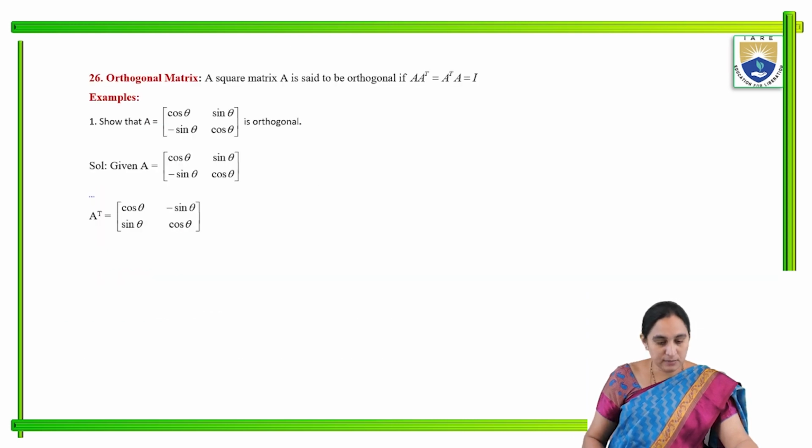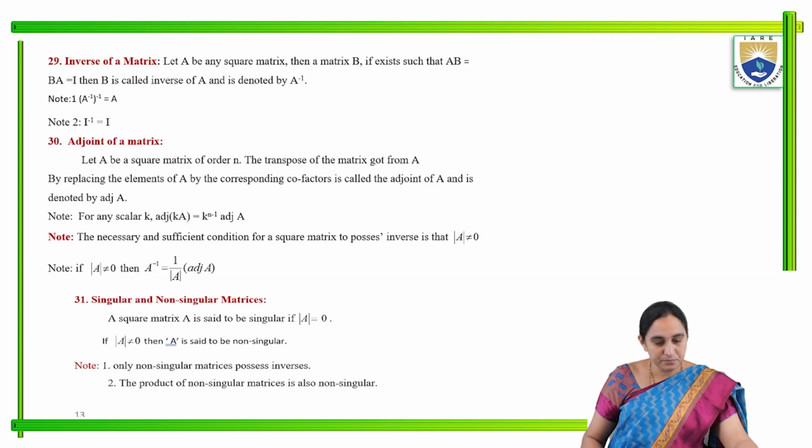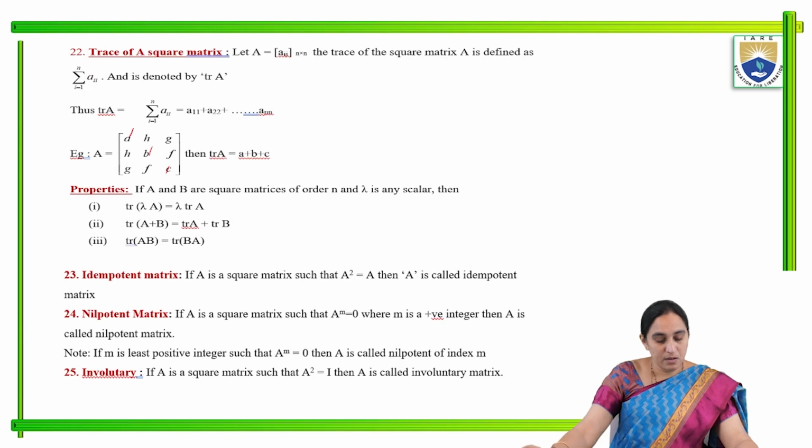And similarly, idempotent matrix. If A is a square matrix such that A square is equal to A, then A is called an idempotent matrix.